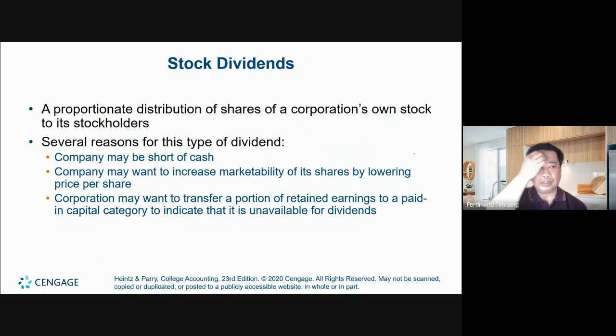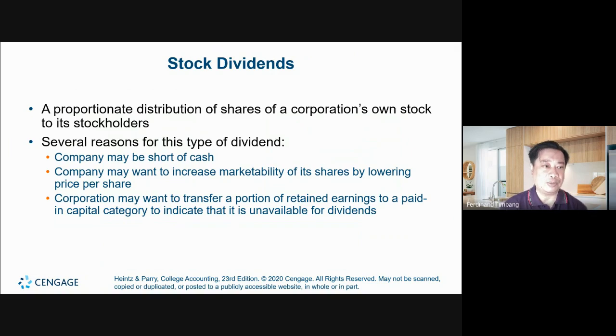A company may be short of cash. The company may want to increase marketability of the shares by lowering the price per share.